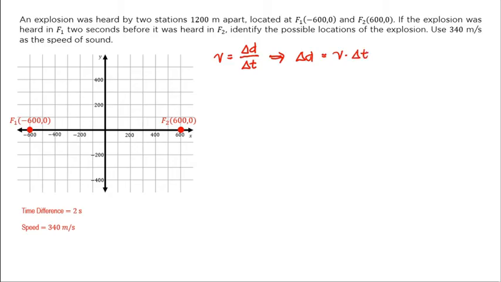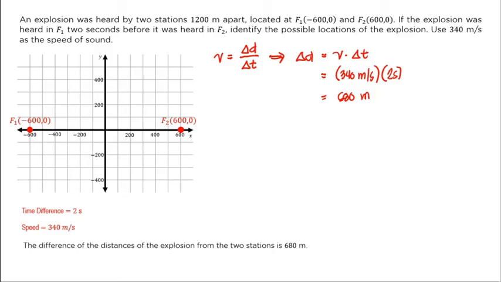Since we are given the speed and the time difference, we can solve for this difference in the distances. That is equal to 340 meters per second times 2 seconds, which is equal to 680 meters. Thus, the difference of the distances of the explosion from the two stations is 680 meters.